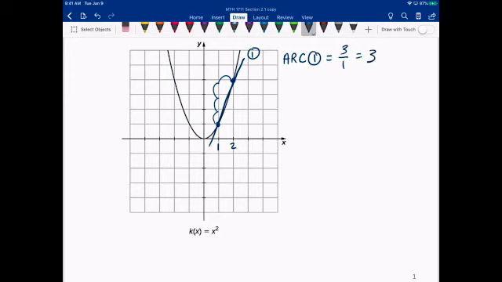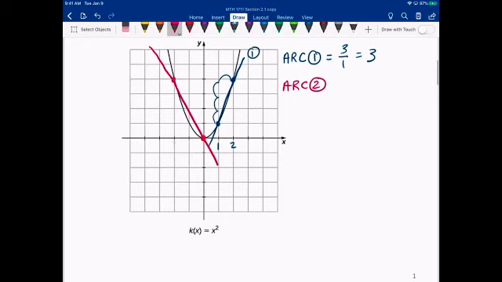Now if I pick a different 2 points, let's do this in a different color so it's easy to see the difference. Let's say I pick this point and this point, and I try to find the average rate of change from -2 to 0, right here, -2 to 0.